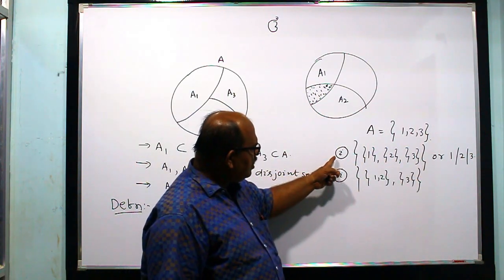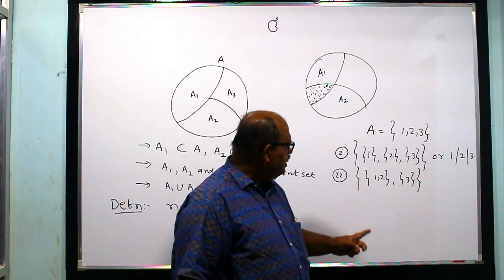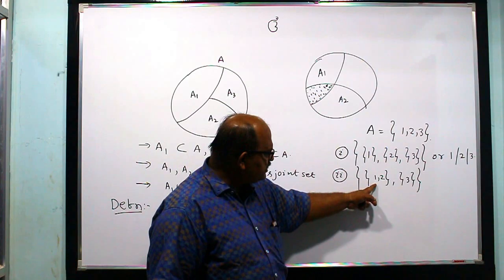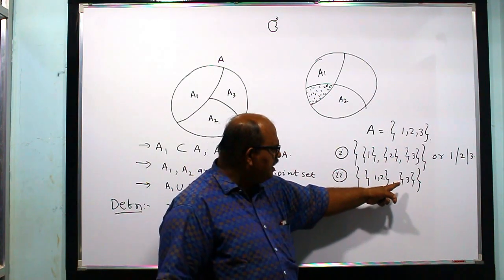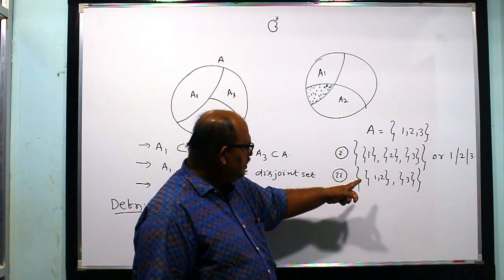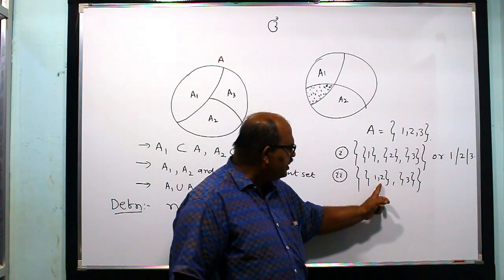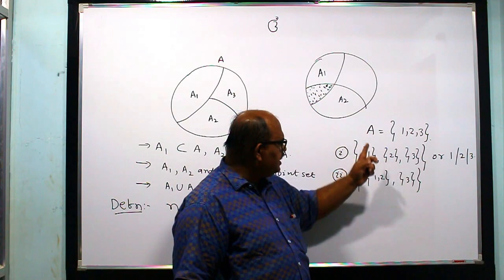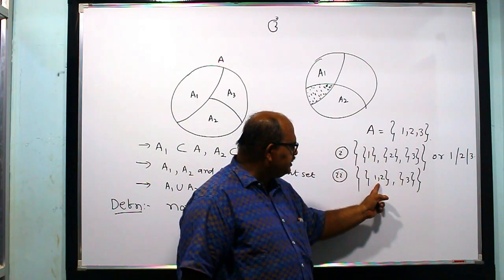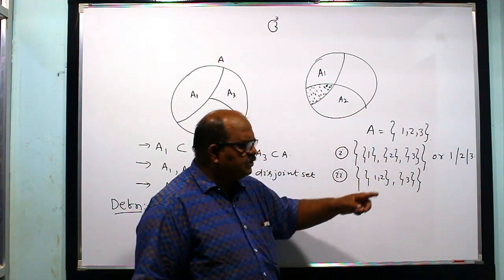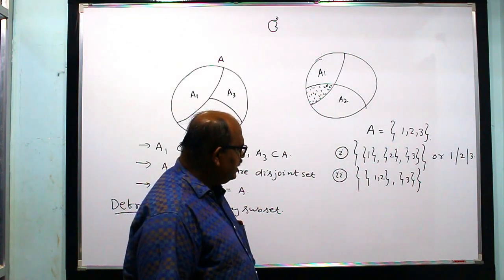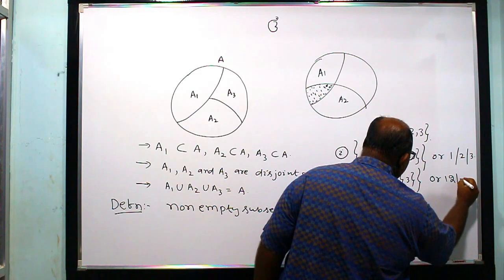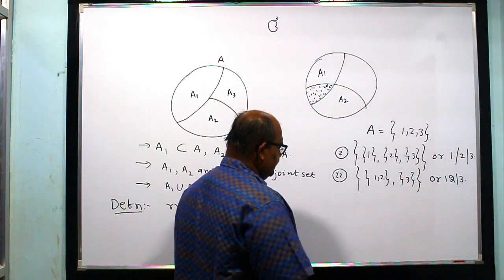One partition contains 2 elements, the set {1, 2}, and the other is {3}. Look, there is nothing common between the partitions, and both are subsets, and uniting these two we get set A. So these are also partitions. This type of partition is symbolically represented as 12/3.